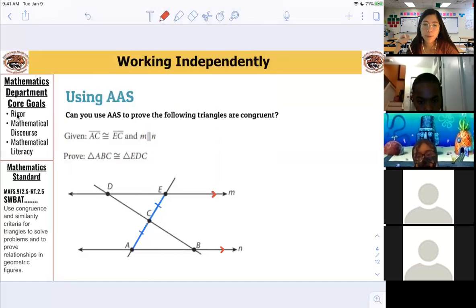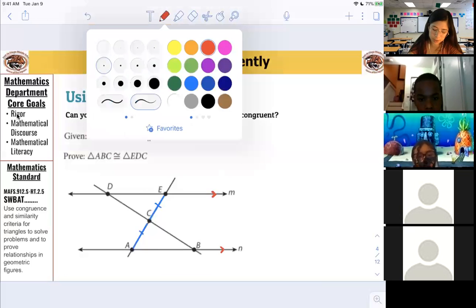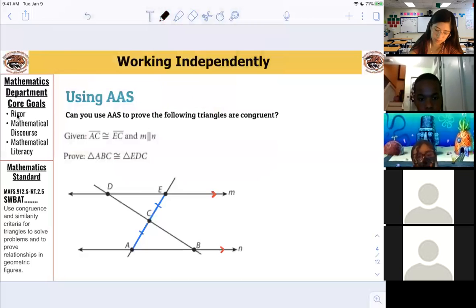But based on that information, what else can I figure out? So actually, you know what I'm going to do here is we're going to do a little proof on the side. I know they didn't give us one, but we're going to kind of make one. So I want everyone to just copy down a little chart.